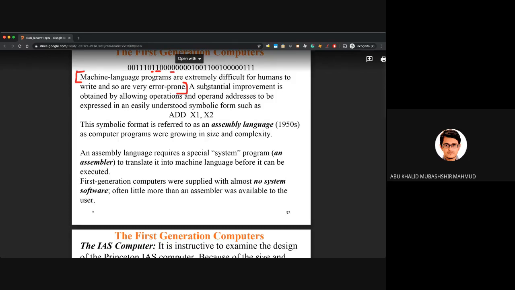A substantial improvement is obtained by allowing operations and operand addresses to be expressed in an easily understood symbolic form, such as add x1 and x2, which we referred to as assembly language, as computer programs were growing in size and complexity.